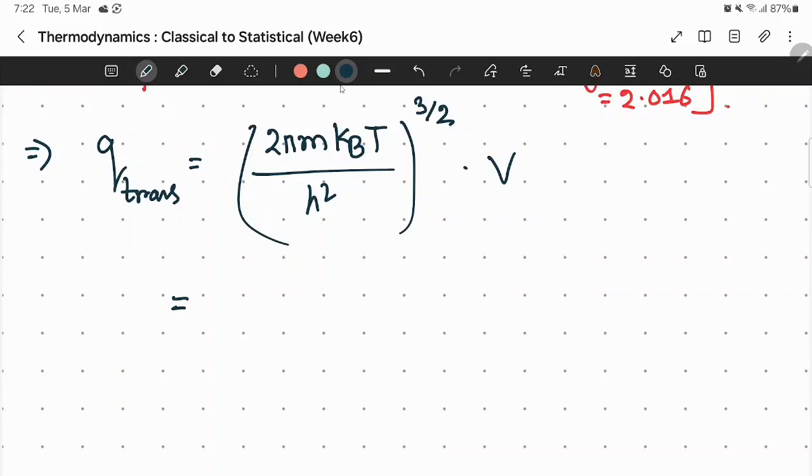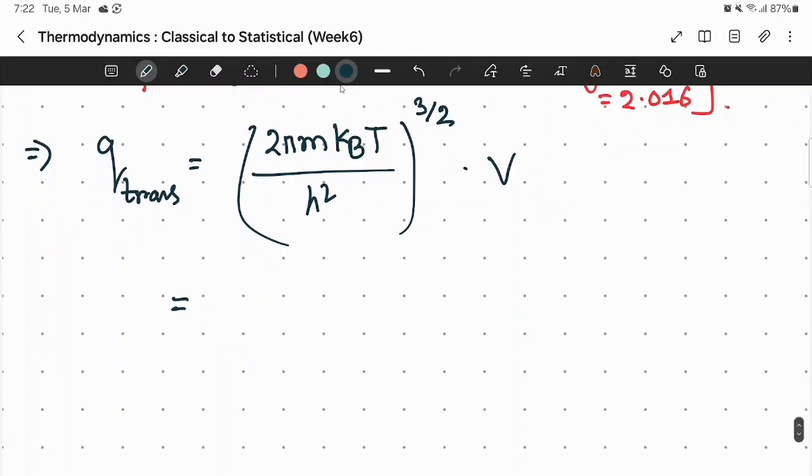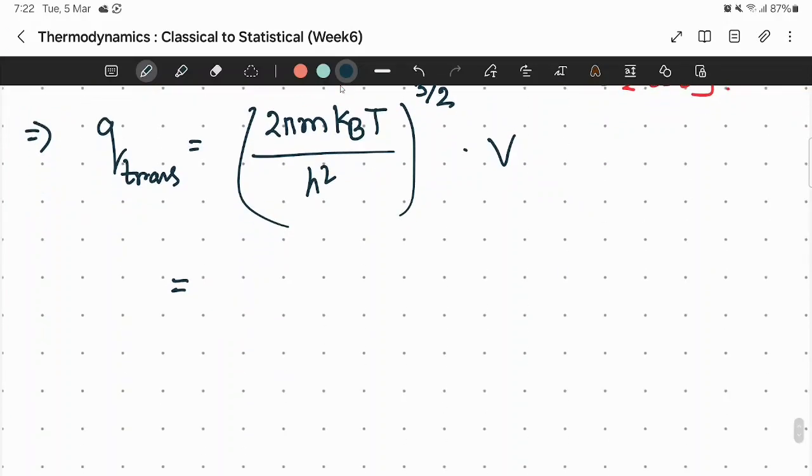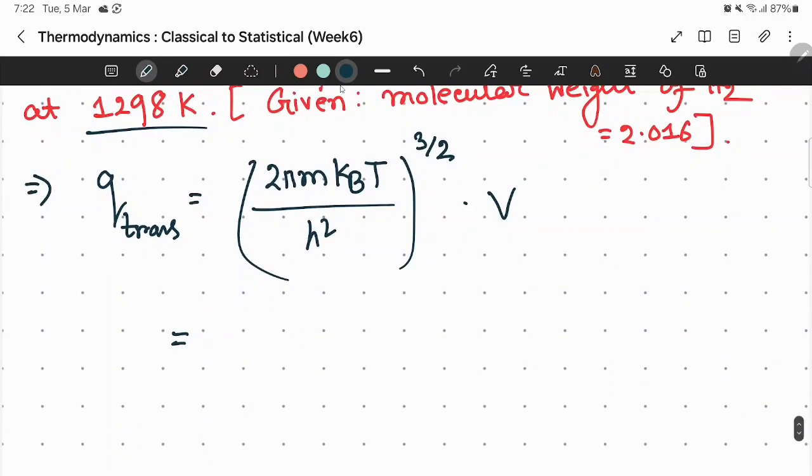You can write it like this. Everything is known, right? M is already known, molecular weight, kB is known, V is known, T is given. So just we have to write 2 pi.